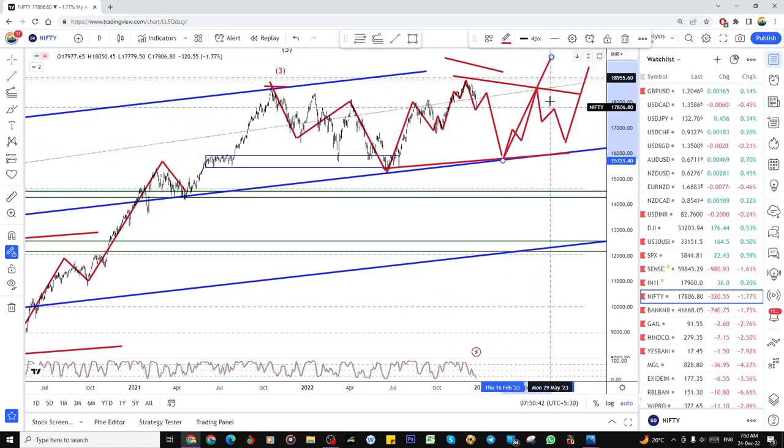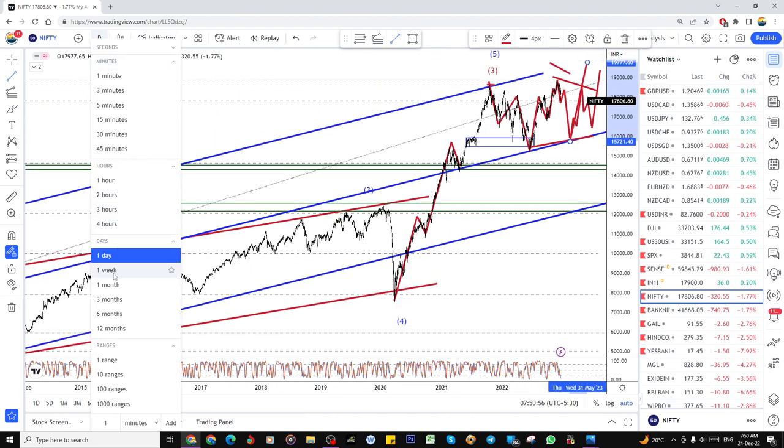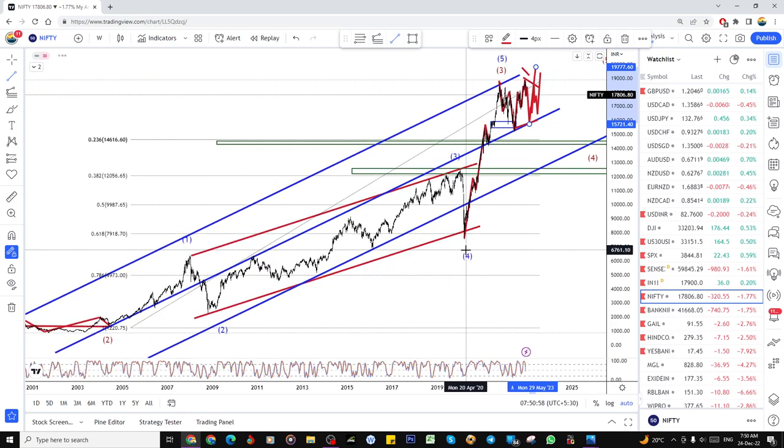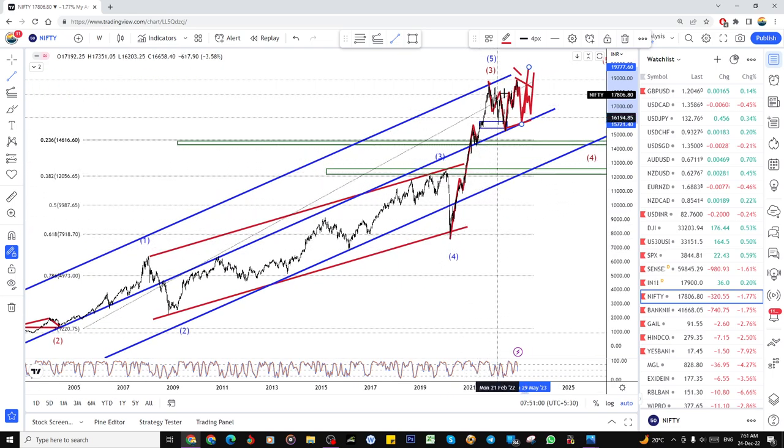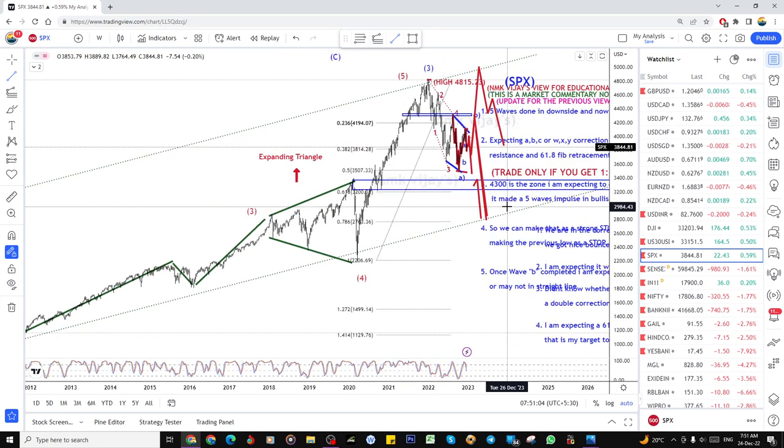So whether we need to wait for this pattern, or from here itself it is going to shoot. If it shoots here, then silver and gold are going to suffer. And I already explained comparatively that the Indian market is so strong compared to the US market, S&P 500.